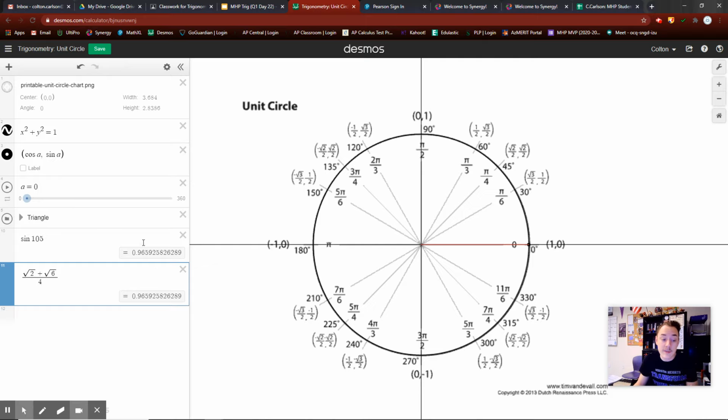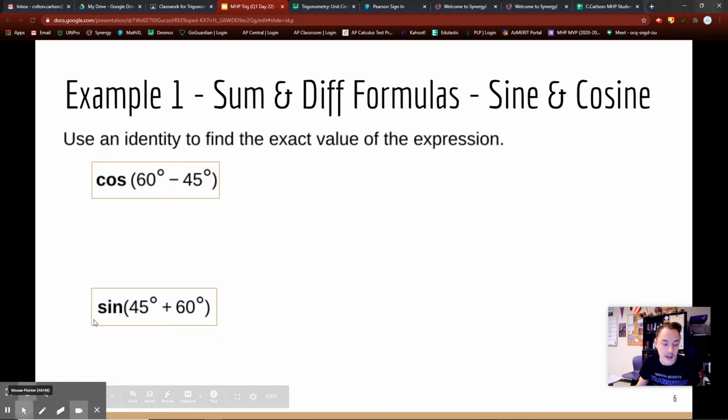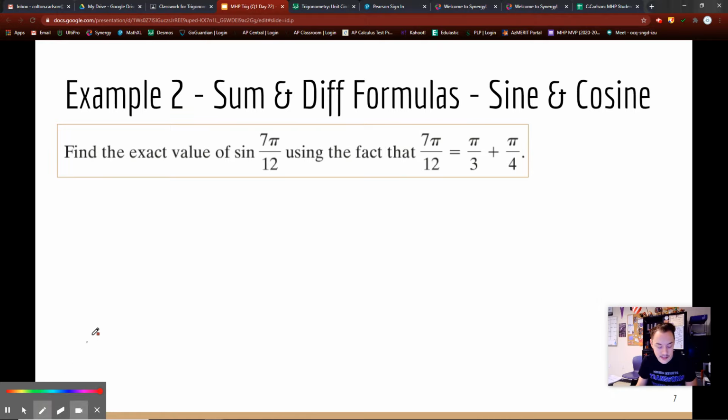So Desmos does at least help you a little bit because of the decimal, so you can double check. But again, the TI-36X Pro will be amazingly useful because you can pretty much just plug it in. Obviously, they're going to say, try to use an identity and not a calculator, but I'm okay with using a calculator. So now you can also get radian mode, radians instead of degrees.